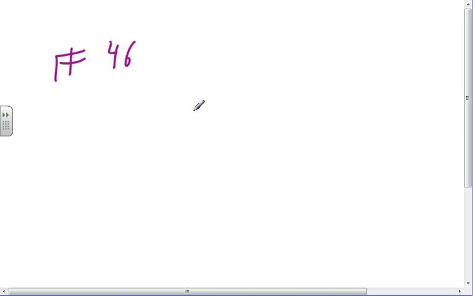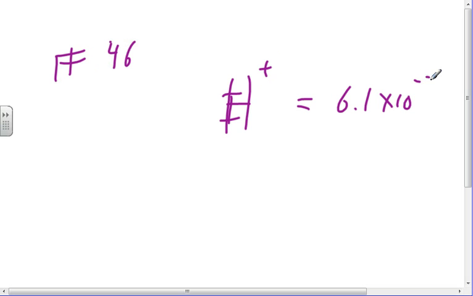Yeah, 46. The hydronium ion concentration is 6.1 times 10 to the minus third. We want to calculate the pH. What's pH? That weird letter. If you're keeping up, you would know what that was.